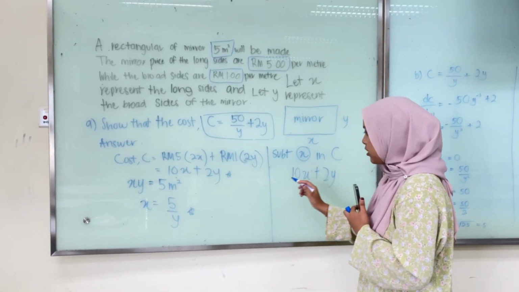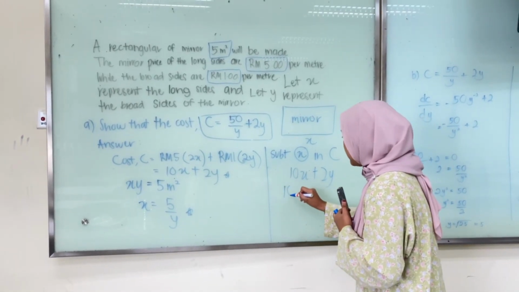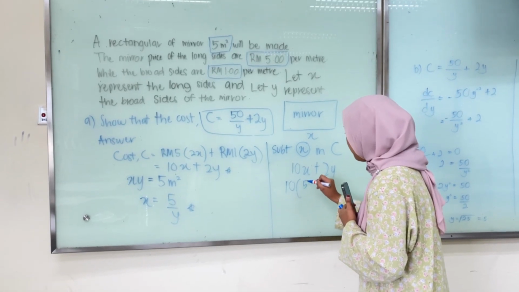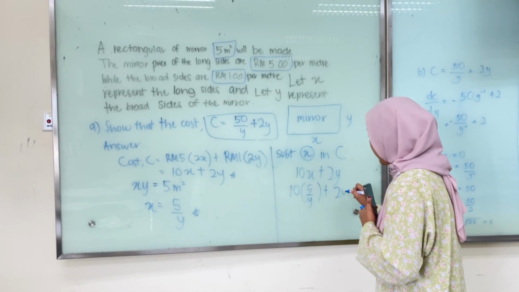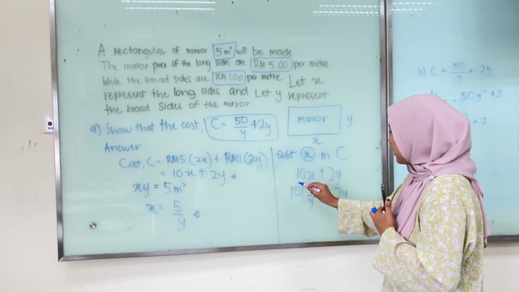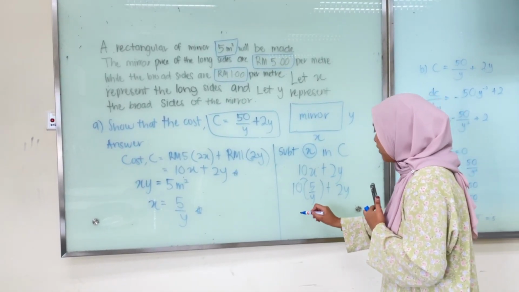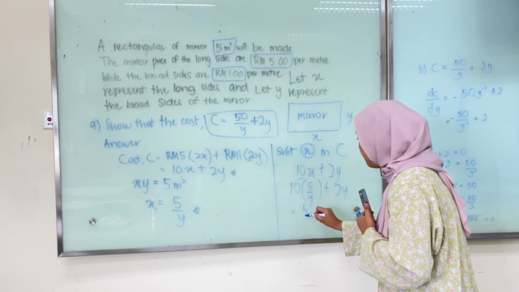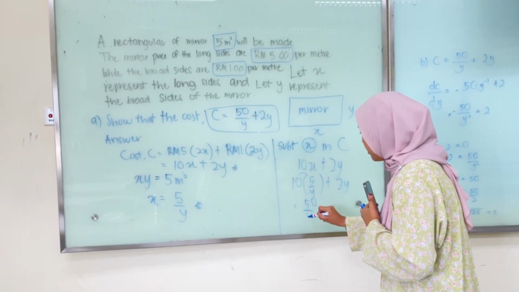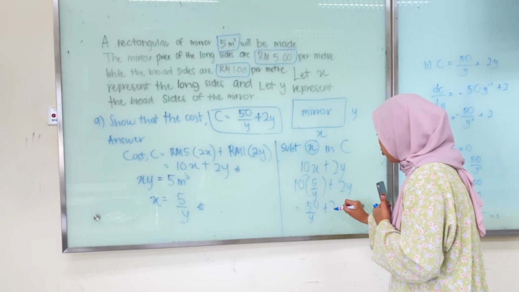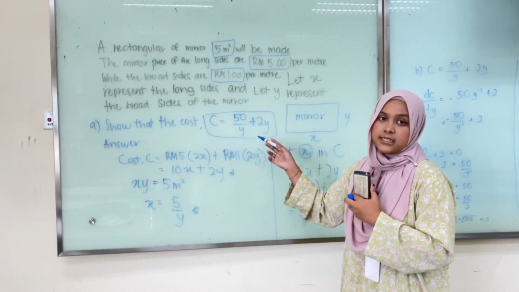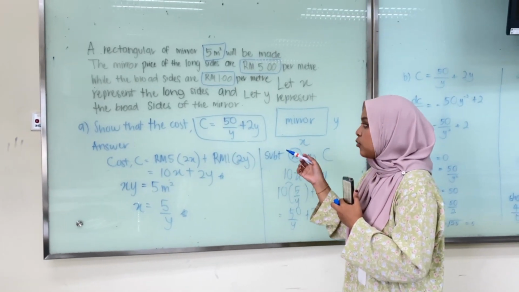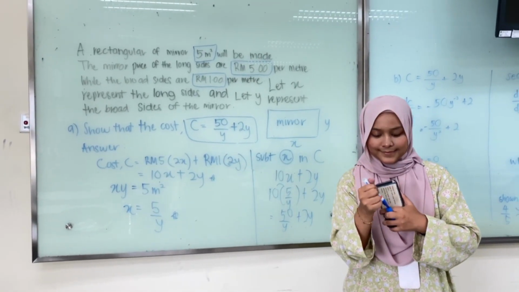We substitute X equals 5 over Y, then plus 2Y. So multiply: 10 multiplied by 5 over Y is equal to 50 over Y plus 2Y. So this shows that the cost is C equals 50 over Y plus 2Y.